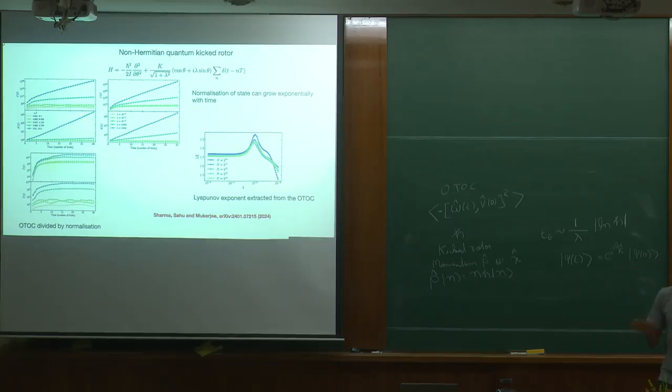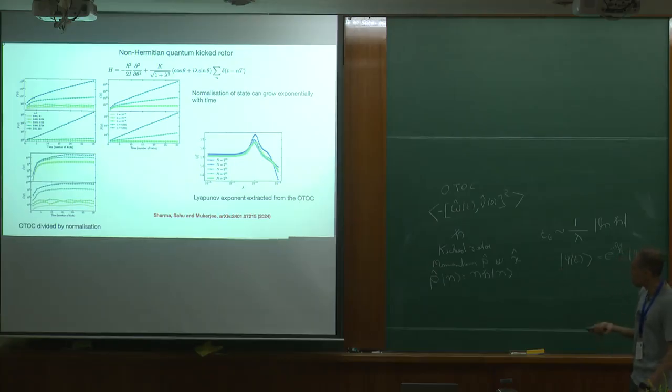I will not be saying anything more about PT symmetric systems in this series of lectures, but if any of you is interested in discussing it, I'll be happy to talk to you offline. But this is just to show you another calculation of the Lyapunov exponent in a rather funny system, which is a non-Hermitian system.